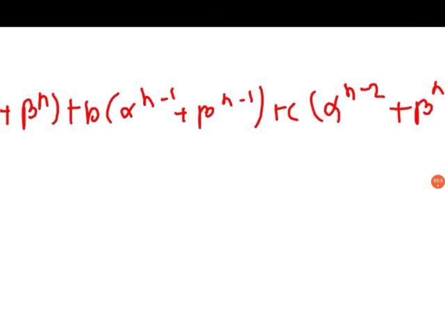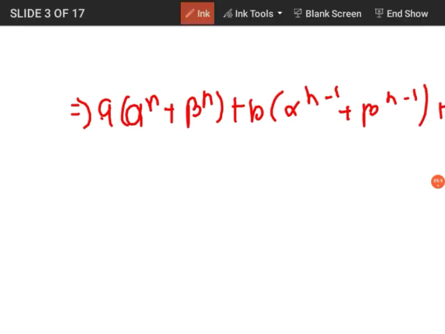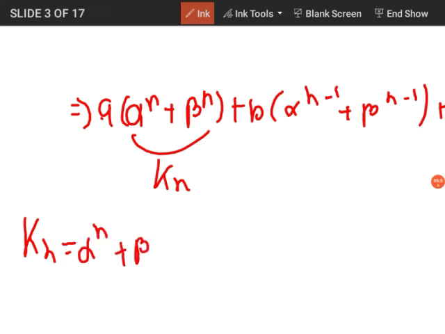Okay, this, right? And now see, can I write this as, say, k of n, like any variable that you want to use. Okay, so I used k of n. Now k of n is equal to alpha n plus beta n. Okay, so to denote this I have used k of n.